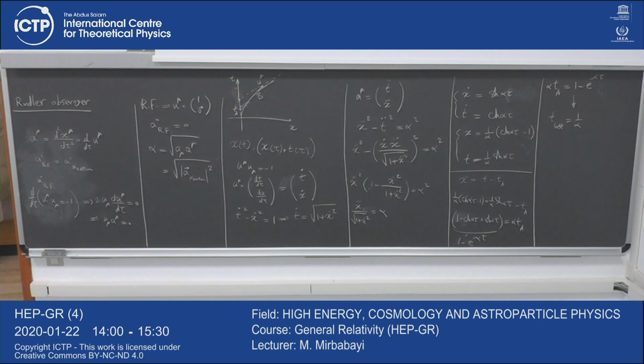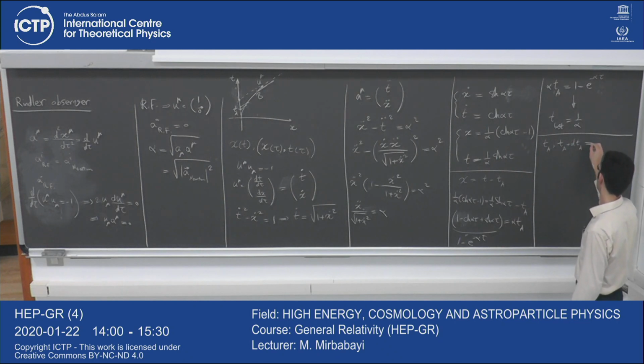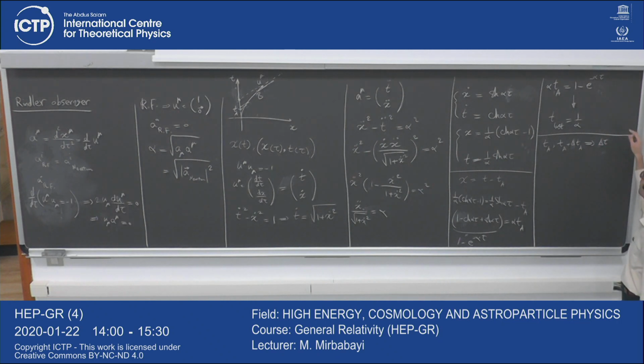And what else? We can also determine the frequency, right? We can ask, if we have two signals, one at t_A and one at t_A plus delta t_A, then we can ask what is delta tau, which, we should remember, is tau of Bob, so it's really the time that Bob's clock is measuring.